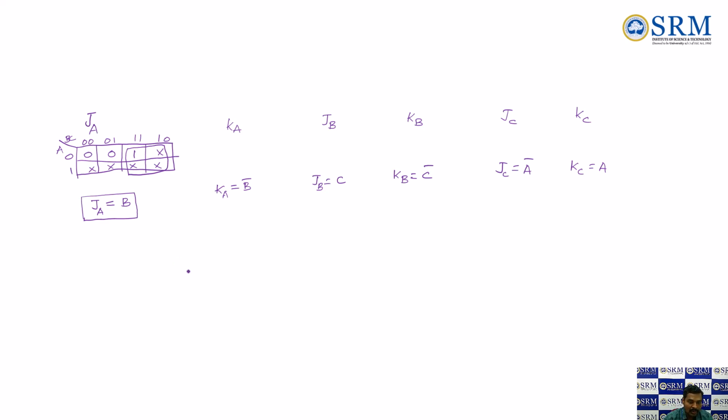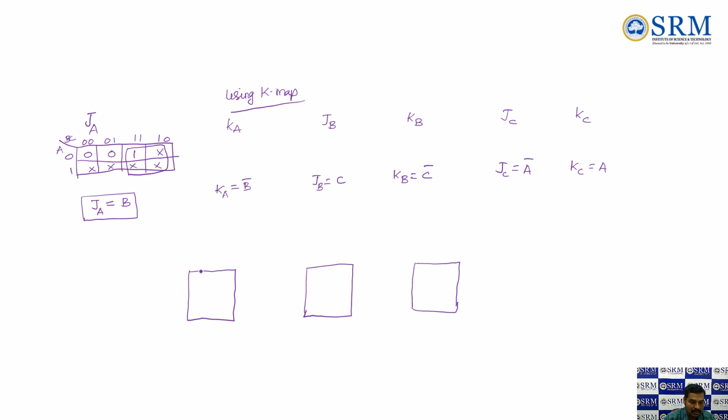I'm drawing three flip-flops, right? So first flip-flop, second, third. If you don't remember, you can write using the K-map. Okay, these are the flip-flops.